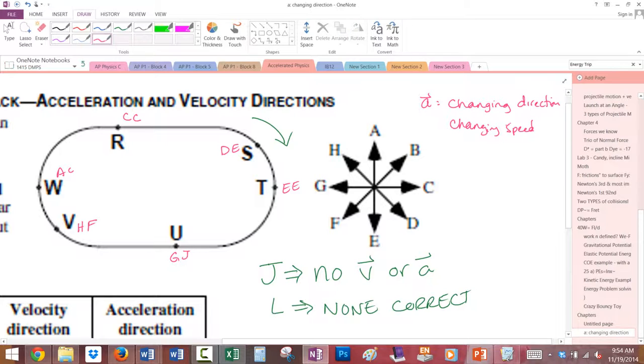Is everybody okay with that? At R, are we changing velocity or are we changing speed? Are we changing direction? No. Are we accelerating? Yes. Think about it in terms of the way I asked.